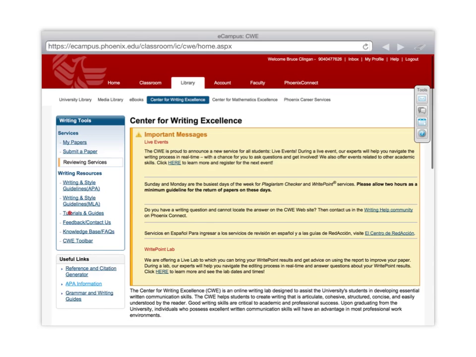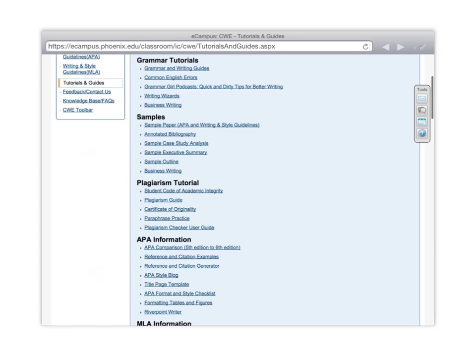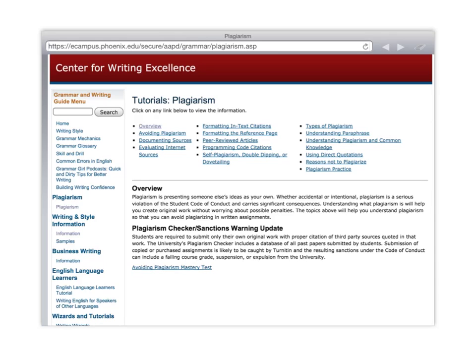Other than that, in the tutorial and guide section, I'll point this out. There is a plagiarism tutorial. If you click on it and go to it, it gives you a lot of information. So, if you go into the plagiarism guide, there's lots of different topics in here.